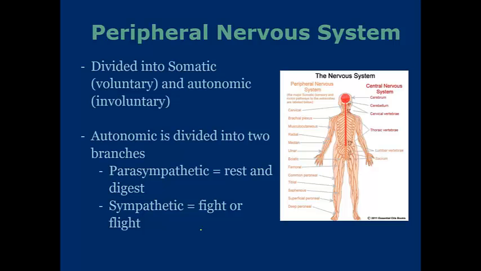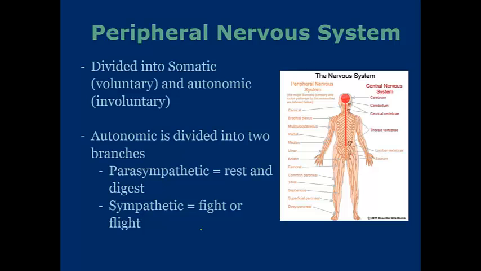Rest and digest, as the name would suggest, is the parasympathetic. This mechanism is going to trigger your body to, well, relax, digest its food, slow itself down, and just calm itself. Whereas the sympathetic is the fight or flight. This is going to cause things like increased heart rates and prevention of things like digestion to reallocate resources elsewhere.